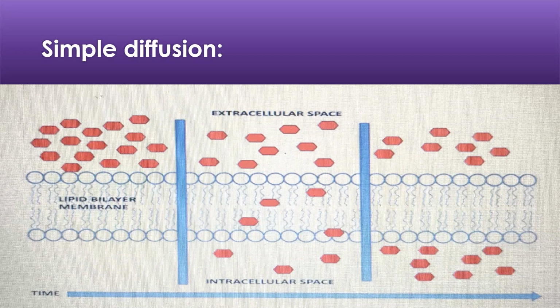At that time, the diffusion stops. As you can see, the diffusion stops. It means equal ions or equal concentration of solute is now present either in the extracellular space or intracellular space. So simple diffusion can occur for oxygen, carbon dioxide, or ethanol molecules.